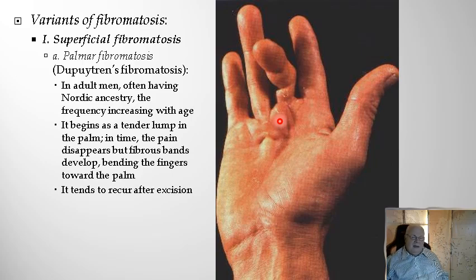In fact, by this try the result will be even worse, because to the relapsing of the infiltrative fibromatosis, a scar is added. So it's even more retraction of the finger than before. So for this reason, the only treatment is the physiotherapeutic approach.